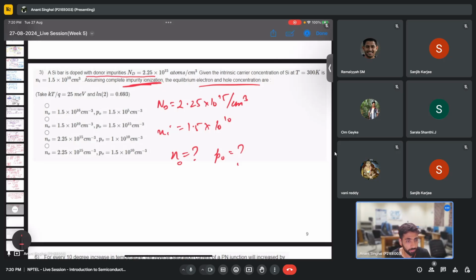Are you trying it? Please confirm if you are trying it. Otherwise, I'll solve. I've already got C as one of the answers. I'll wait for one more answer and then I'll also solve it.